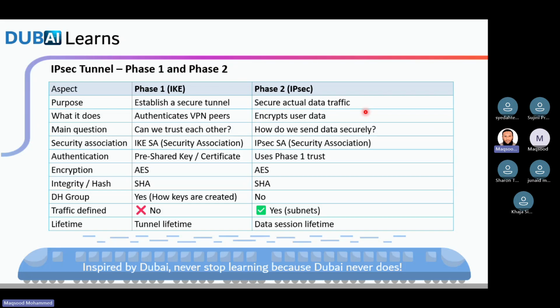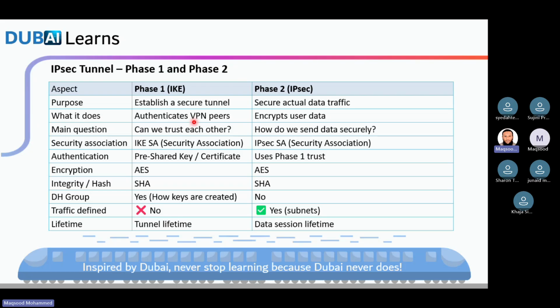This all happens in the background. I'm just trying to explain phase one and phase two, as you might get questions around this in the examination or in the interview. This happens only in the site-to-site tunnel: these two phases of communication. Phase one is to establish the tunnel. Phase two is for securing the actual data.